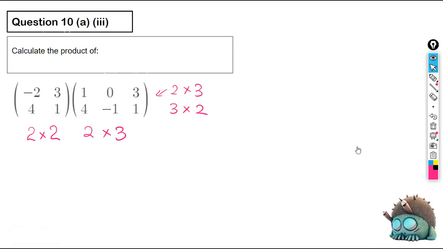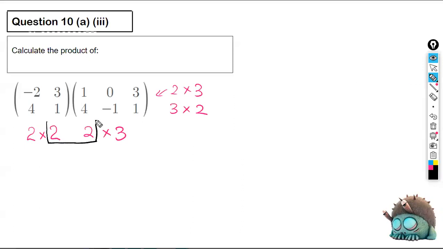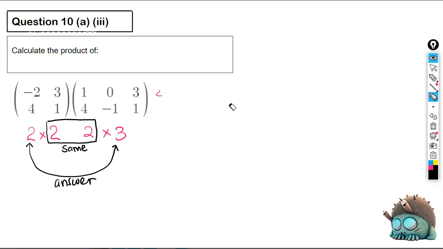So what I mean by the inner numbers, right? If you look at it, these two values, the inner numbers, are the same. And once they are the same, it's okay to do the question. The outer numbers tell us the size of our answer. So our answer will be what? A 2 by 3 matrix.